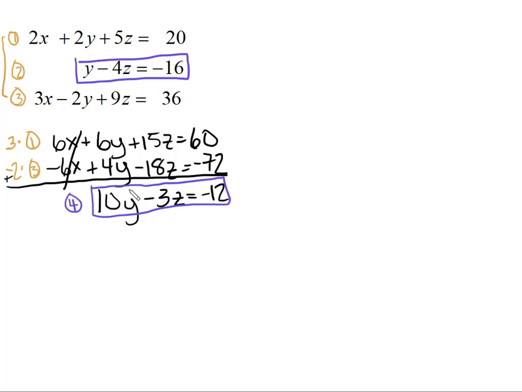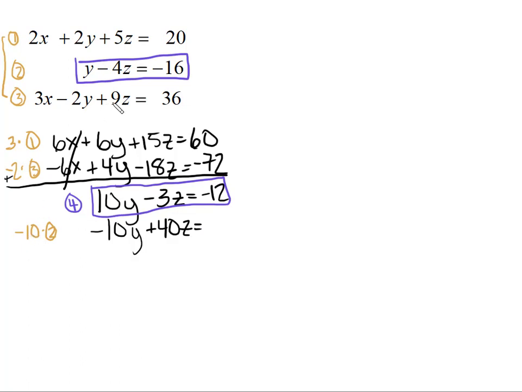So since this is positive 10y, let's make this negative 10y, which means I need to multiply equation 2 by negative 10. So negative 10 times equation 2. Negative 10 times y is negative 10y. Negative 10 times negative 4z is positive 40z.